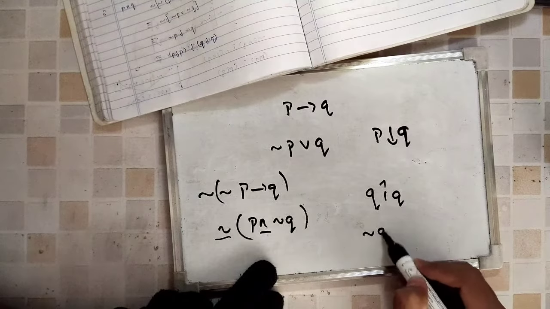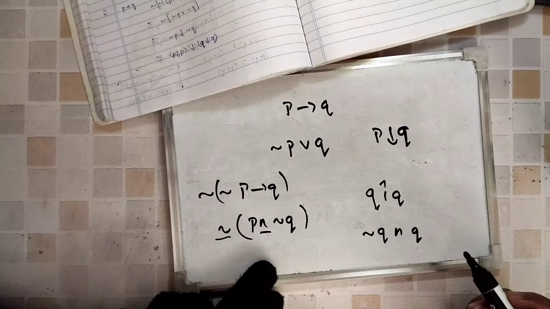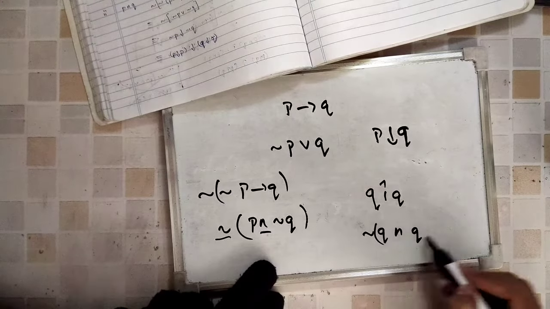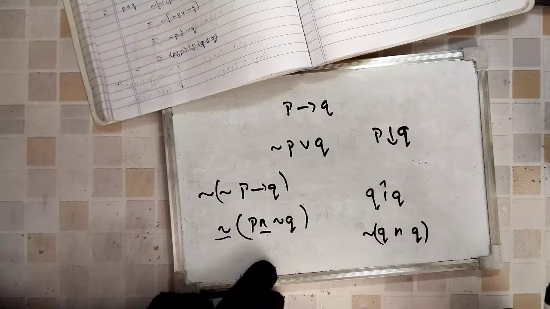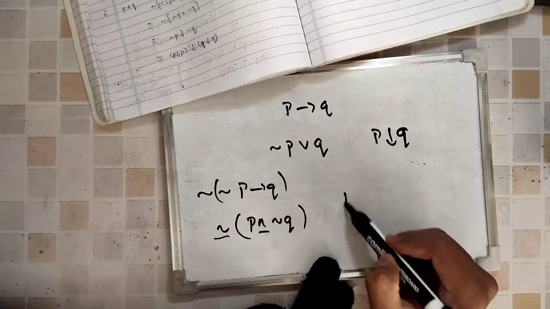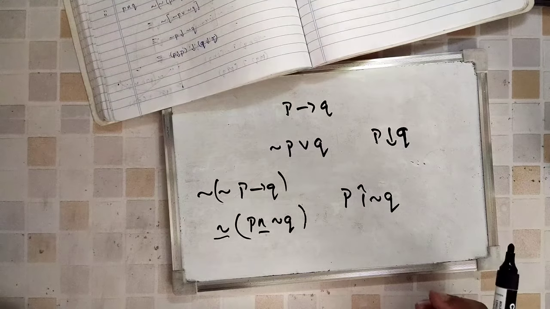Remember negation Q and Q can be written as this. So it's not that much required, just leave it. So P NAND negation Q, you can just write it like this also.